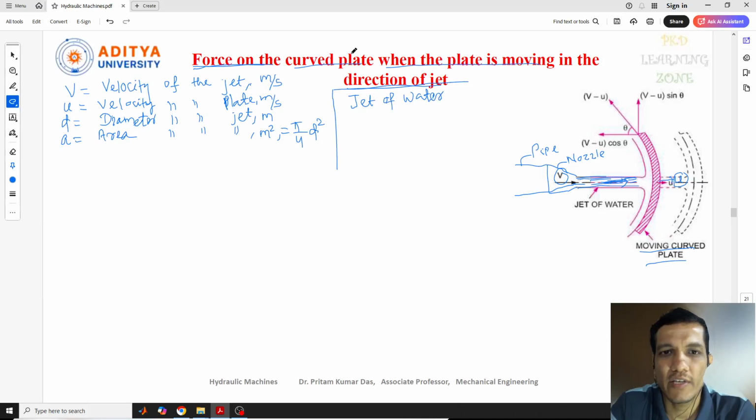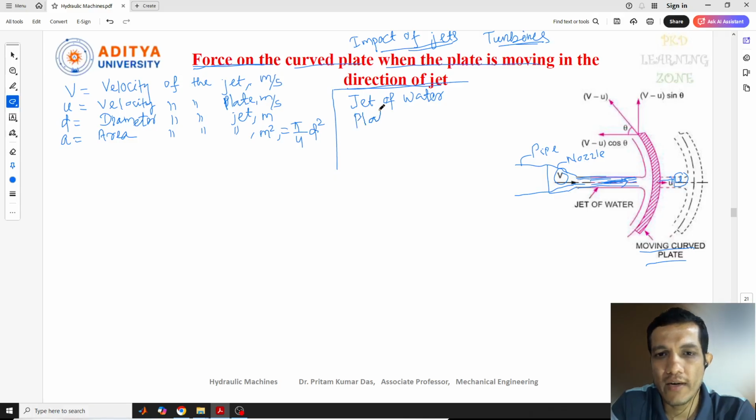This is the concept in the topic of impact of jets. The impact of jets has application in turbines. To study the turbines, before that we need to understand what is the impact of jets. So the jet of water on a plate.